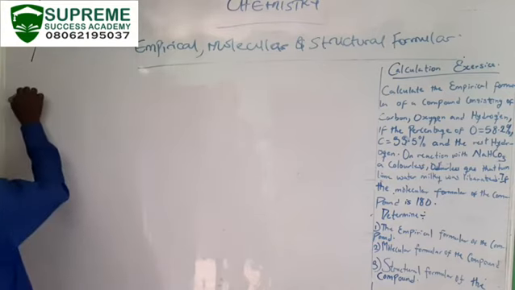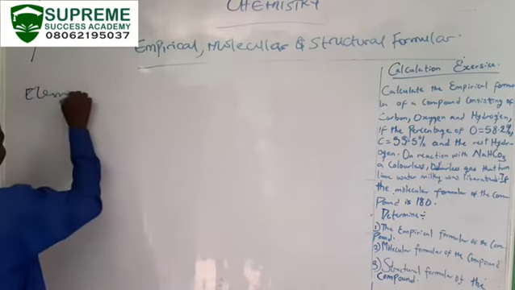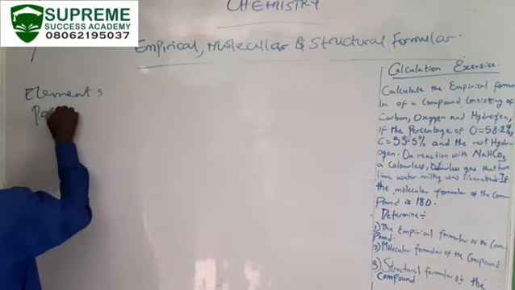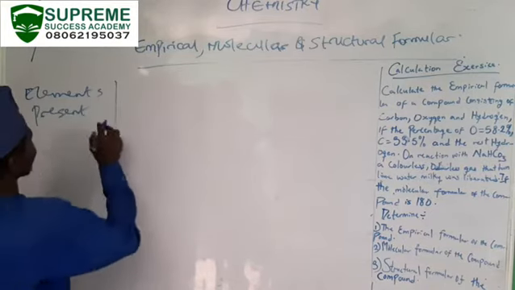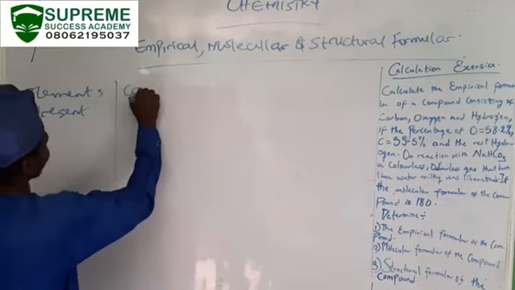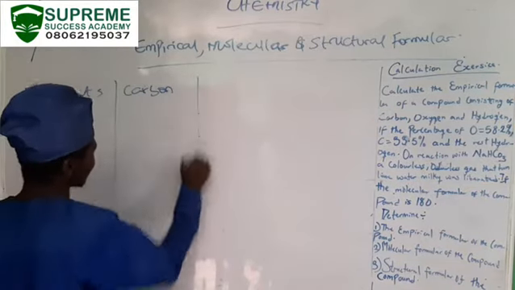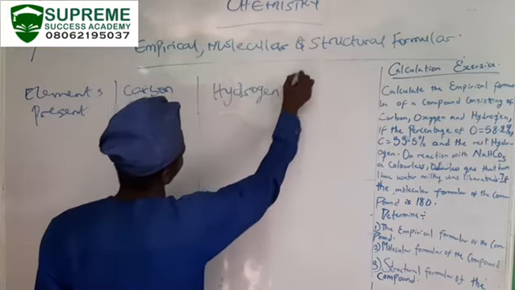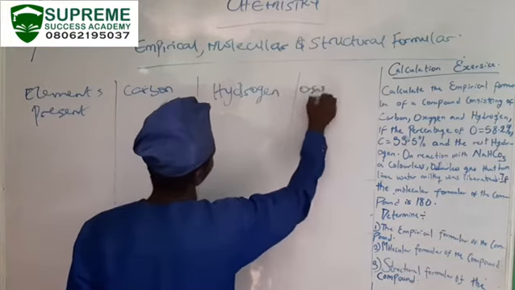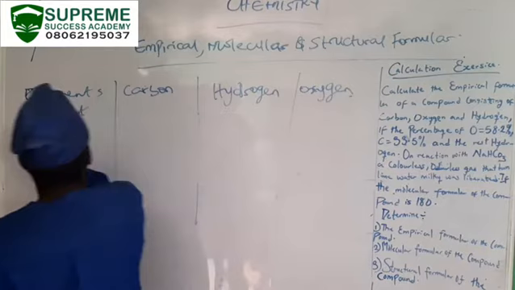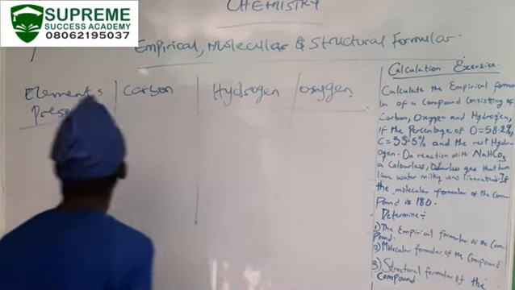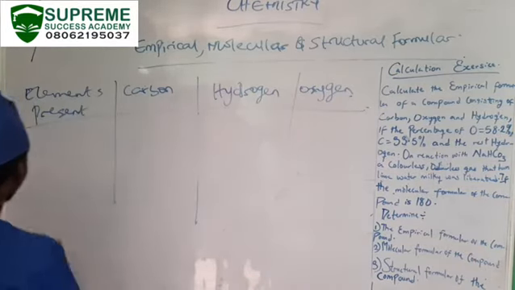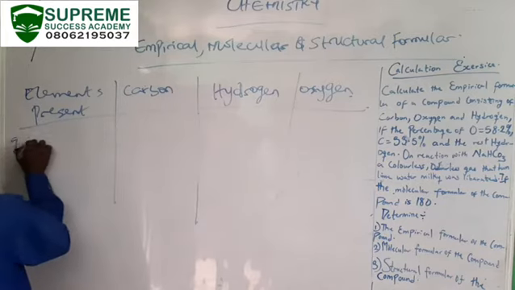First of all, we have the elements present. We have carbon, hydrogen, and of course oxygen. The next is the percentage composition.